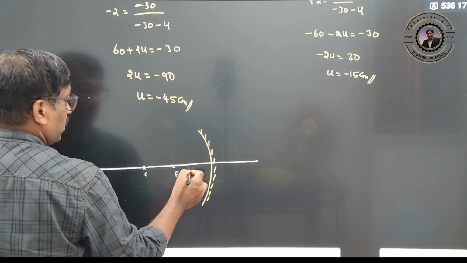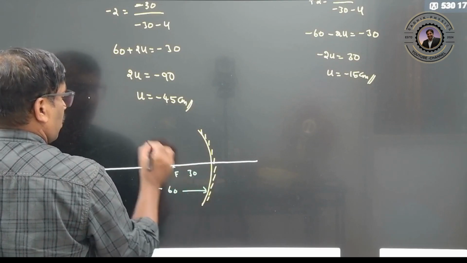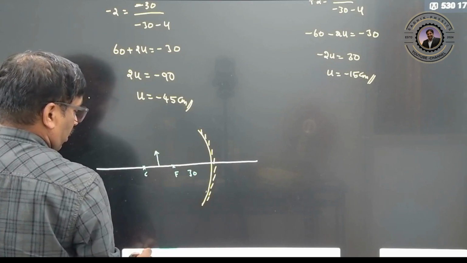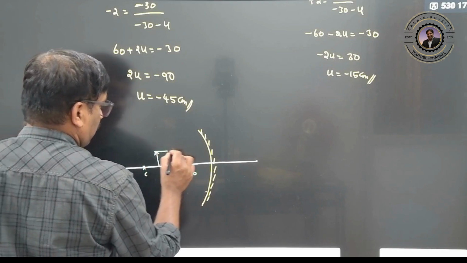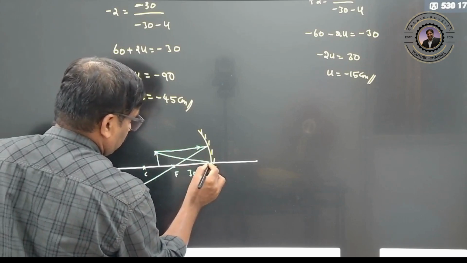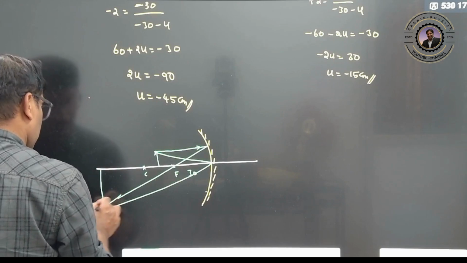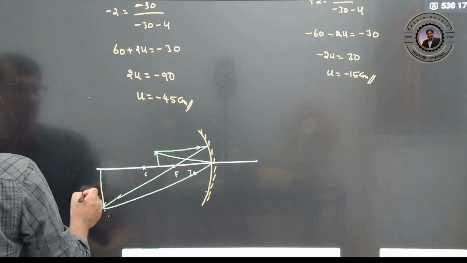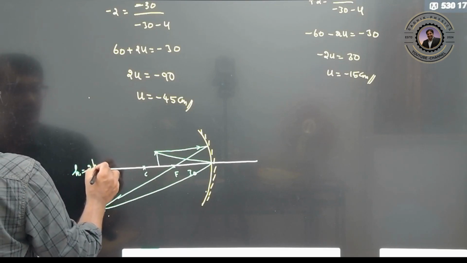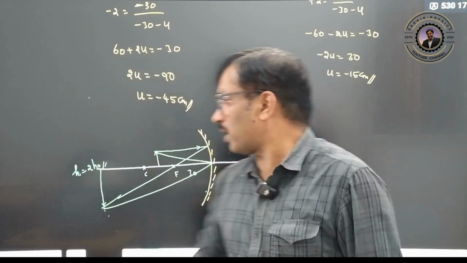This is your 30, and this should be 60, so compulsorily the object should be here. Clear? Now the light rays will go like this and get reflected back. So the image will be twice of this. Therefore the height of the image is twice that of the height of the object. Clear? This is one of your ray diagrams.